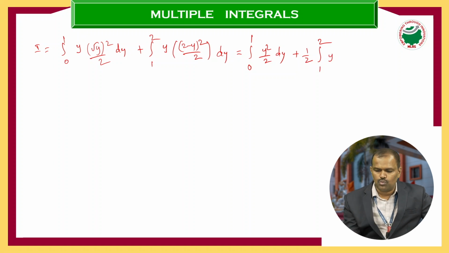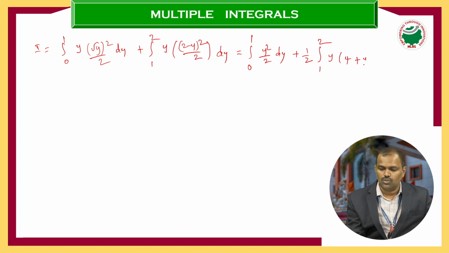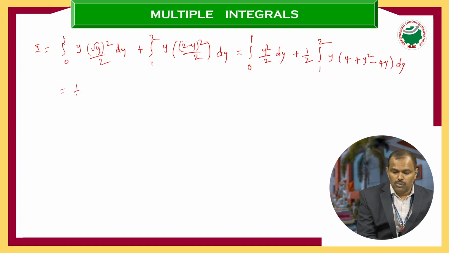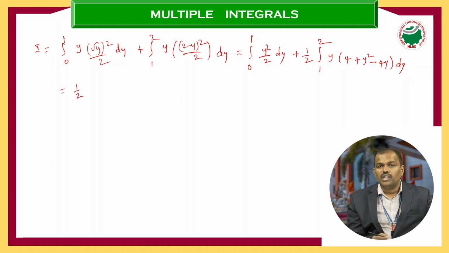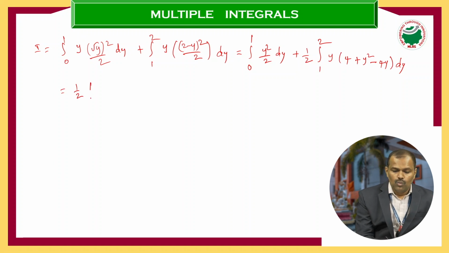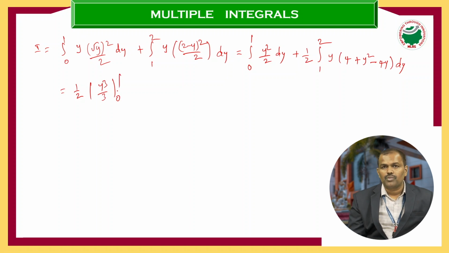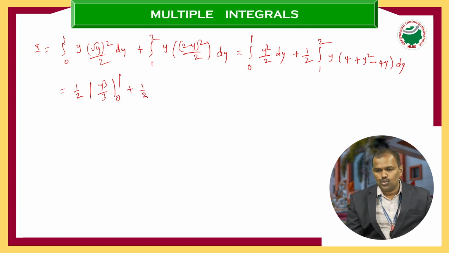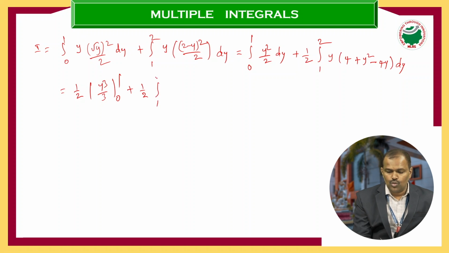Expand 2 minus y whole square using the a minus b whole square formula: a square, that is 2 square, 4, plus b square, that means y square, minus 2ab, 2 into y, 4y, into dy. So that is equal to, here also 1 by 2 constant outside, integral of y square dy is y cube by 3, limits 0 to 1. That is the first term. Plus, coming to the second term, 1 by 2 into integral 1 to 2.